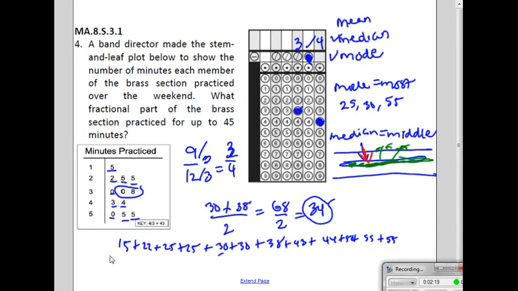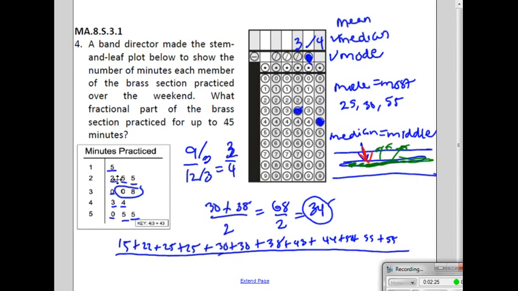This should all be divided by the amount of data points. Since there are 1, 2, 3, 4, 5, 6, 7, 8, 9, 10, 11, 12, as we figured out before, all this should be divided by 12.